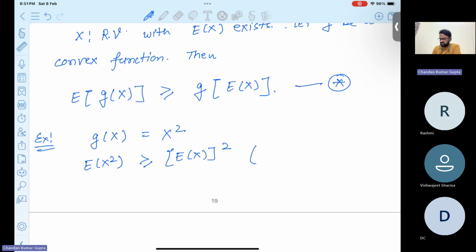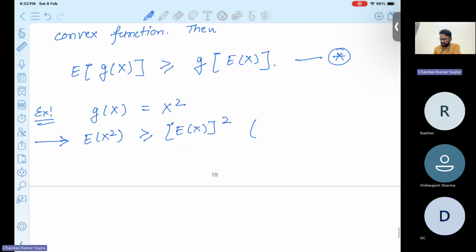Can anyone tell me why I've written this line directly, and what is the reasoning behind this? Look, it's very simple.